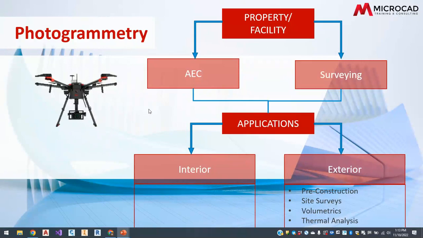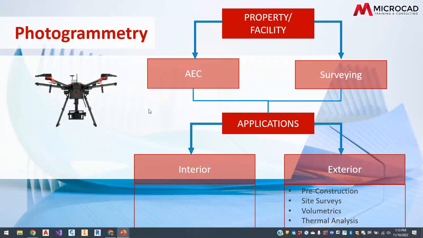So this has probably been the biggest game changer in the surveying world, where you don't have to drudge through sticky marsh and hard to access locations in order to take a shot on a prism. Now we can just send the drone and cover a much wider area.